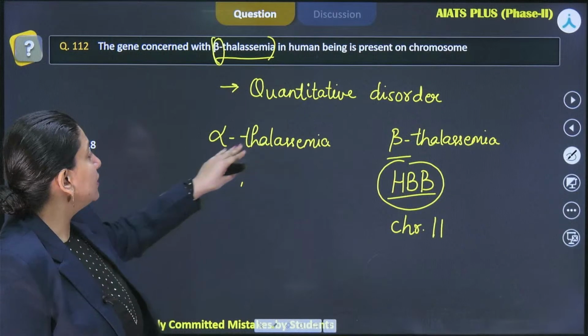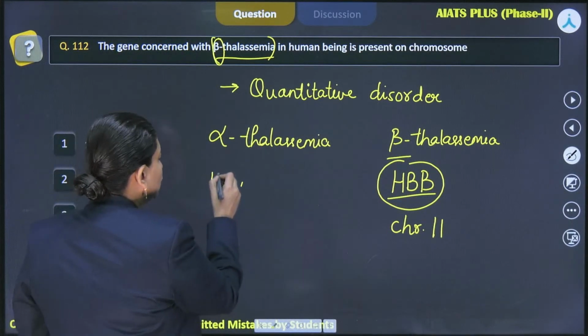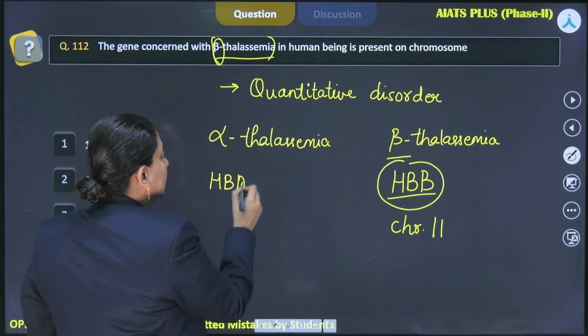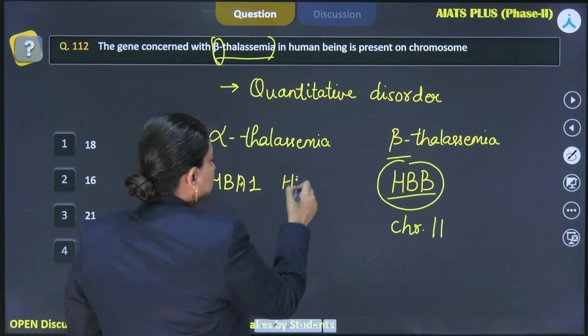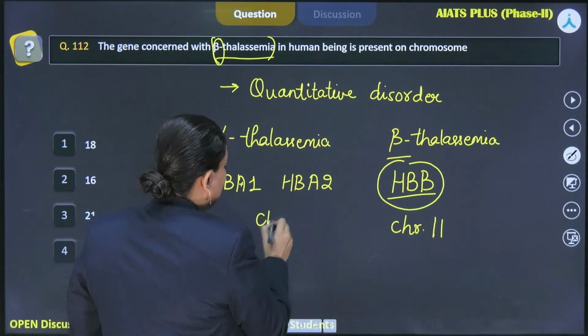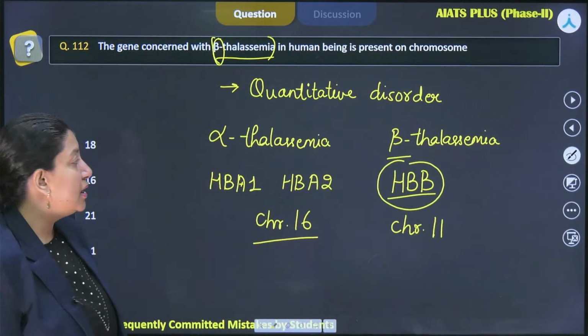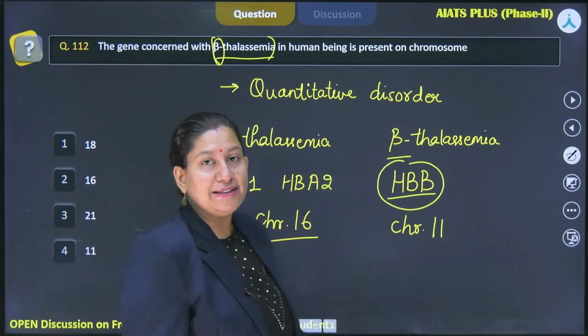On the contrary, alpha thalassemia is controlled by two genes, HbA1 and HbA2, and these two are present on chromosome 16, right? So this is what thalassemia is all about.